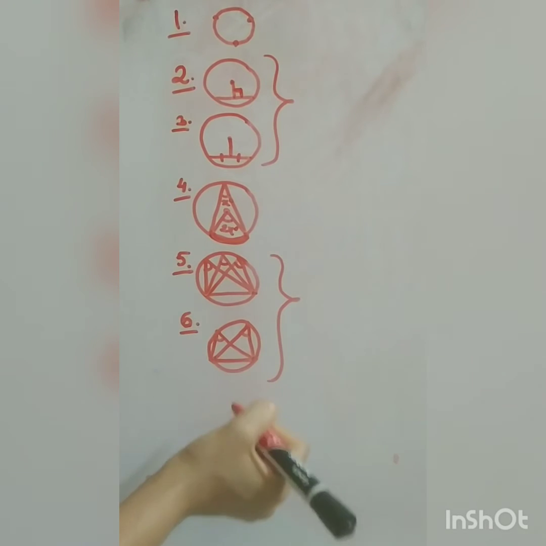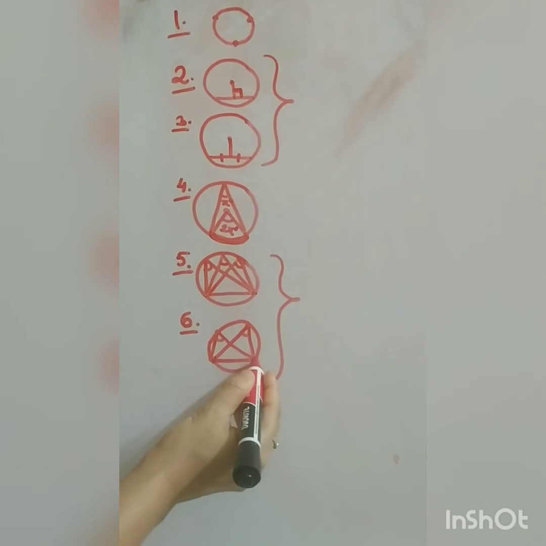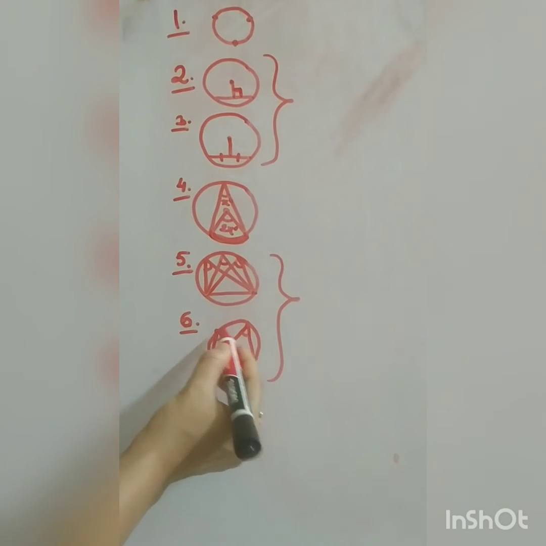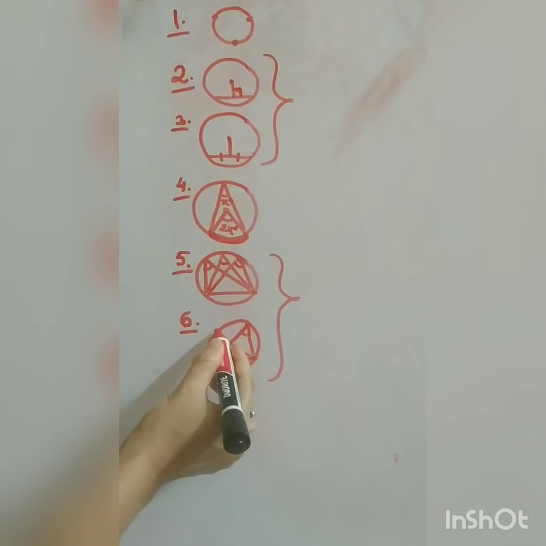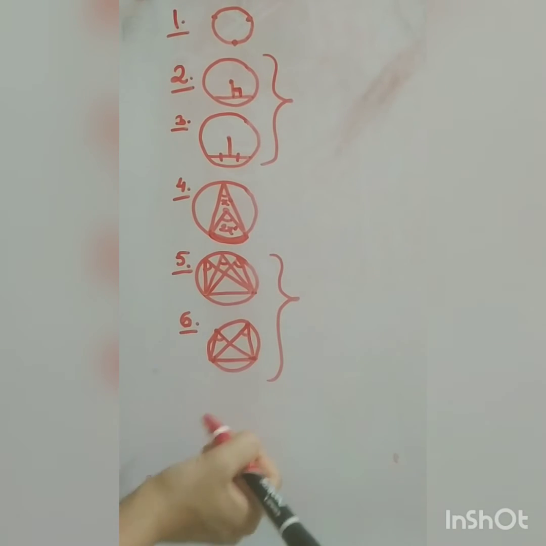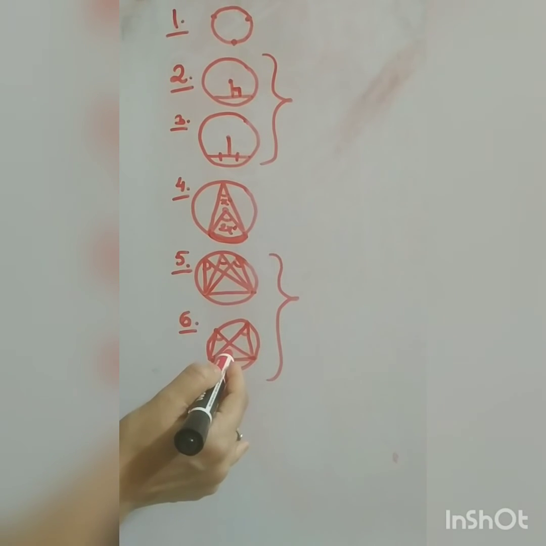My circle looks horrible, but the theorem tells me if a straight line joining 2 points subtends equal angles at 2 other points, then the 4 points are concyclic. So these 2 theorems are converse theorems.